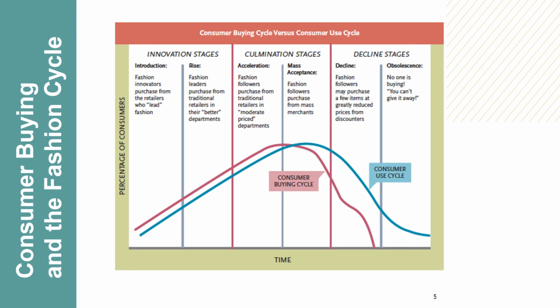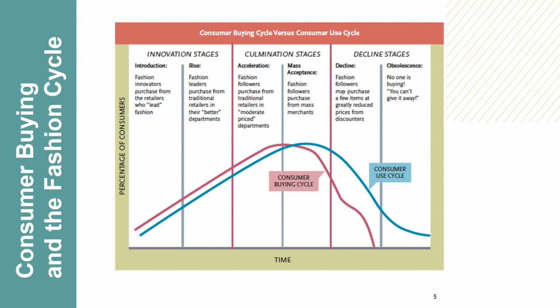Us as consumers, we play a key factor in these stages, right? If you look at the graph this time, you'll see two lines at the bottom. The blue line represents the consumer use cycle, so how long an item may be out in the market, from innovation to decline. And then represented by the red is the consumer buying cycle.